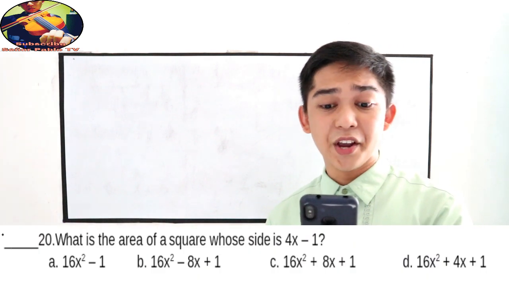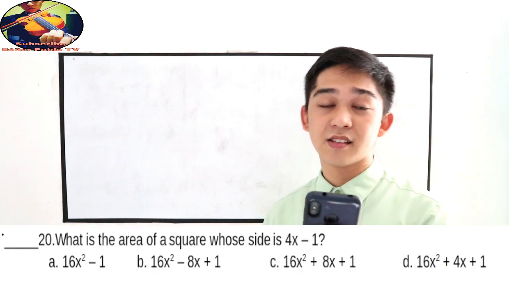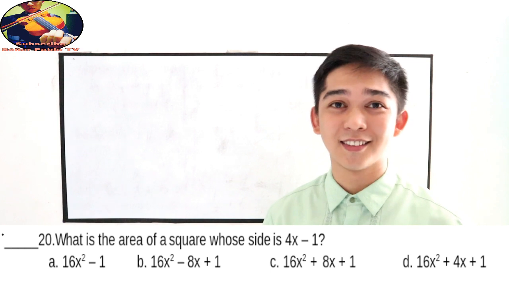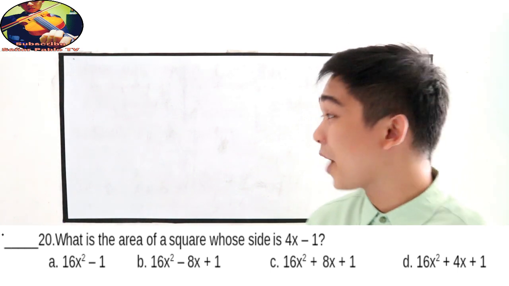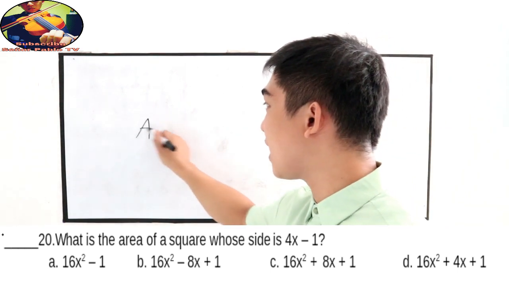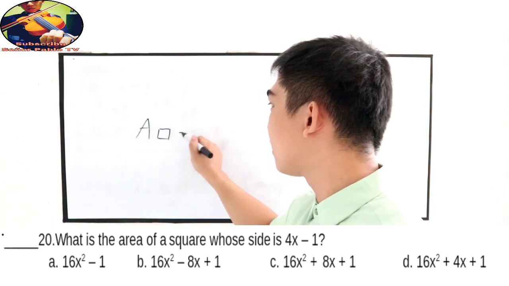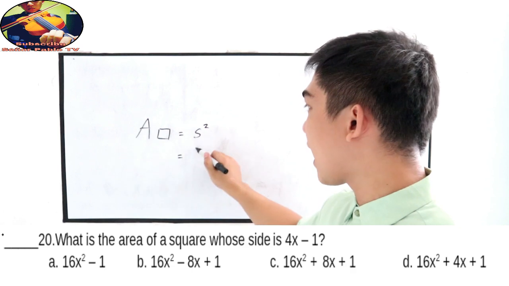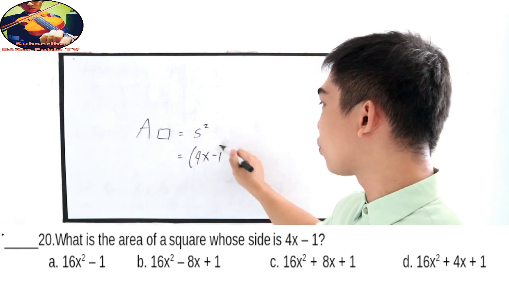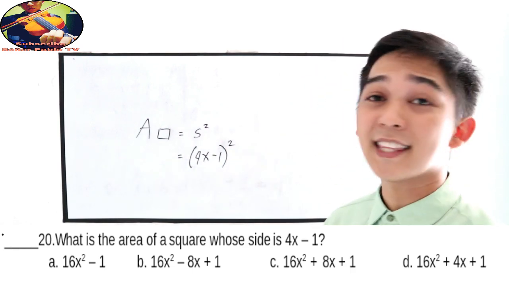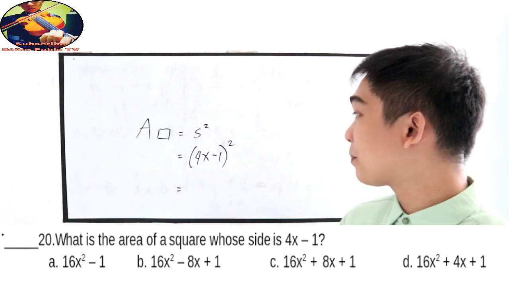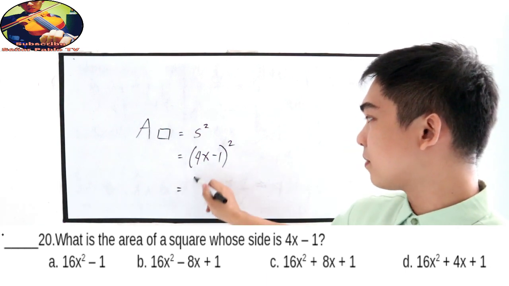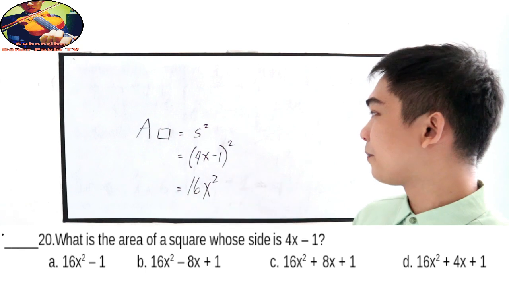Next, number 20. What is the area of a square whose side is 4x minus 1? Recall natin yung area ng square. Area ng square ay s squared. Ang side daw natin ay 4x minus 1. Then square lang natin. Special products, square the first term, 16x squared.